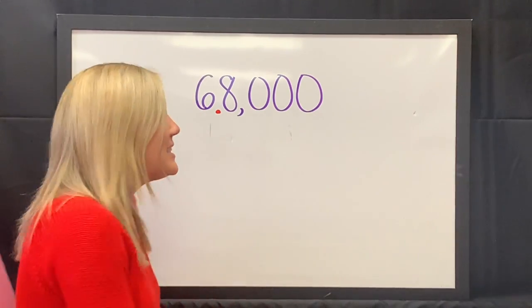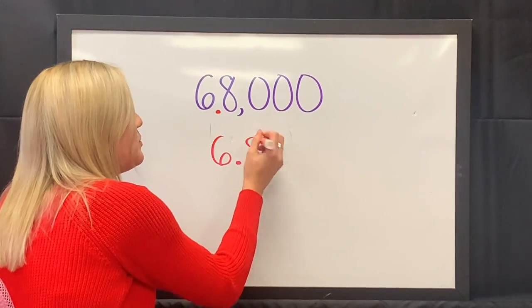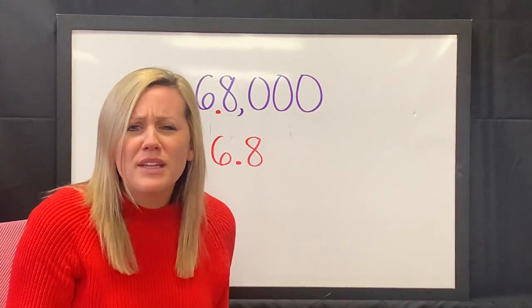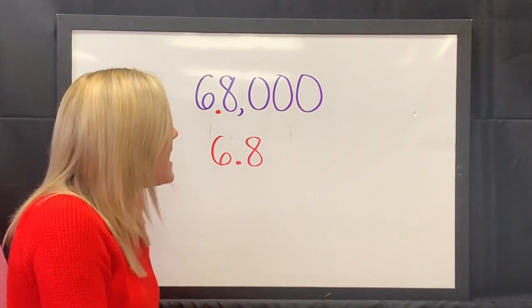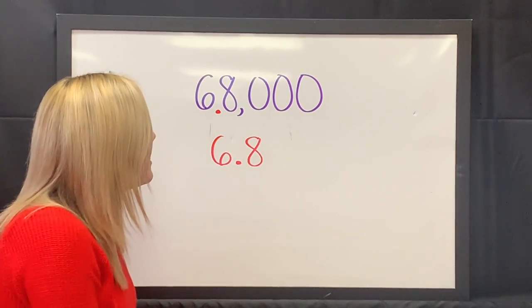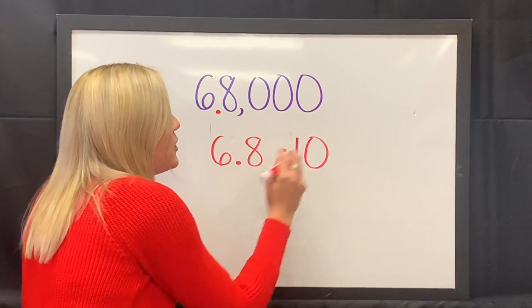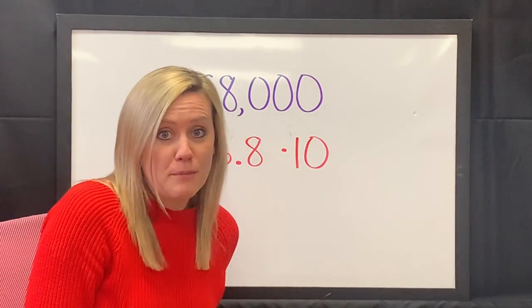The next thing you're going to do is rewrite that number. Since we have zeros on the right side of the decimal, those don't really mean anything, so I'm not going to write them. The next thing you're going to think is, how many times would I multiply 6.8 times 10 to get back to the original number?